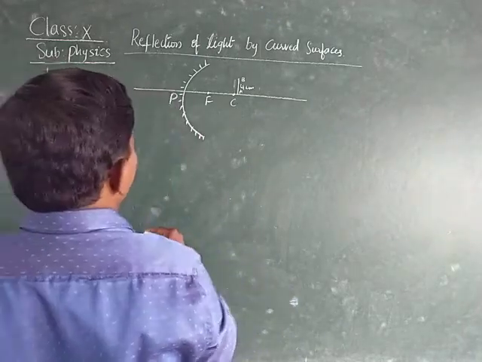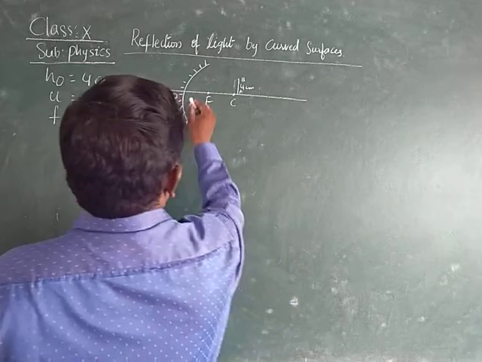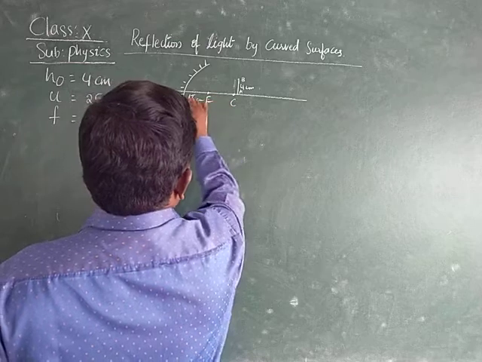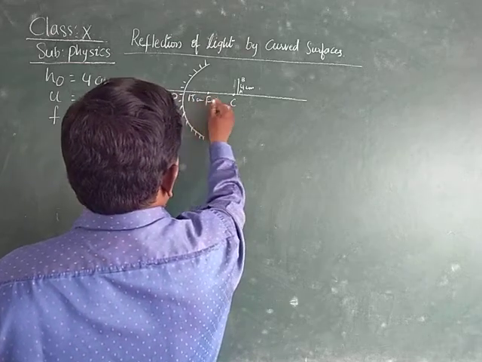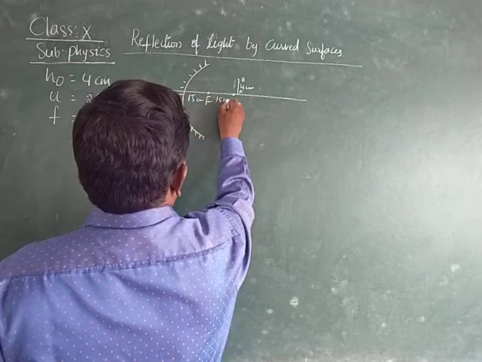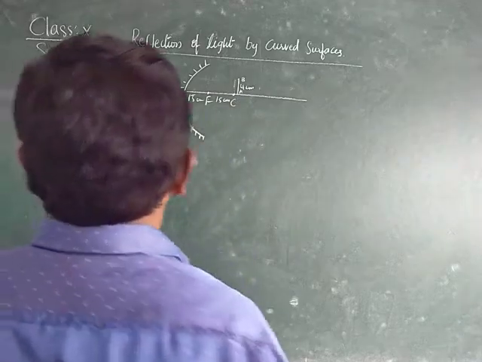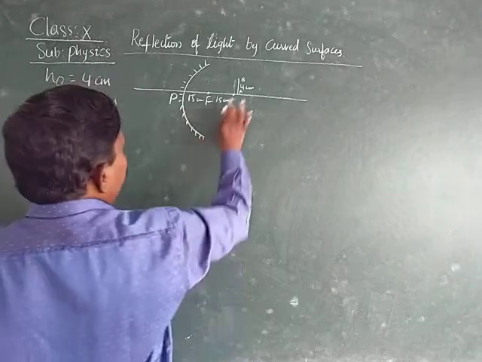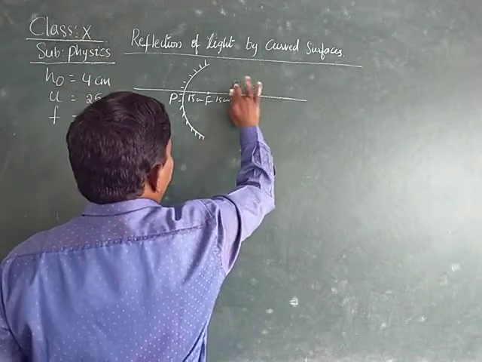Focal length is 15 centimeter. Therefore, from here to here it is 15, and here to here also 15. And here object distance is 25 centimeter.